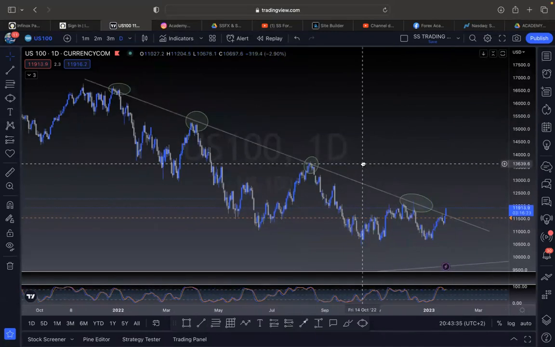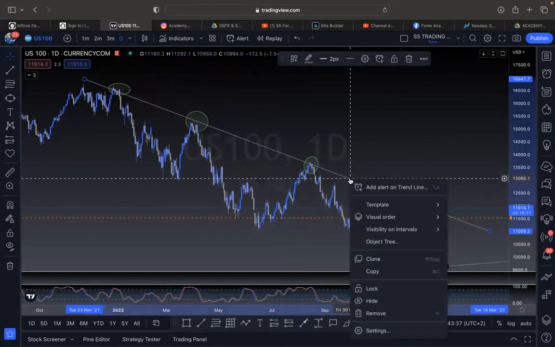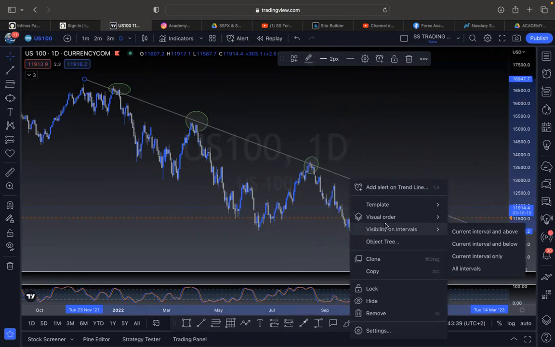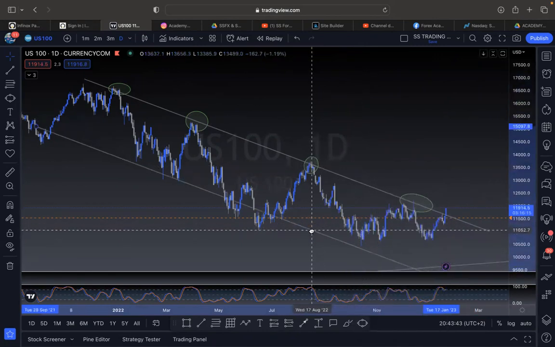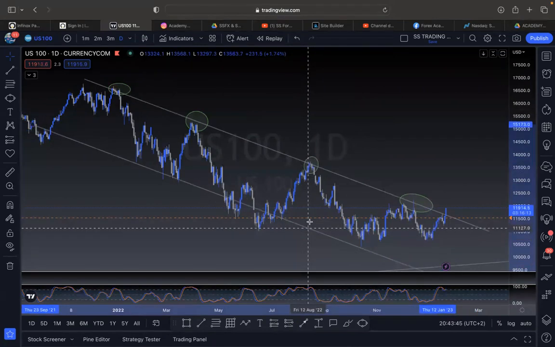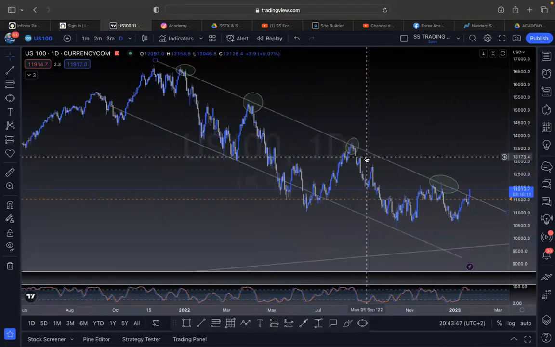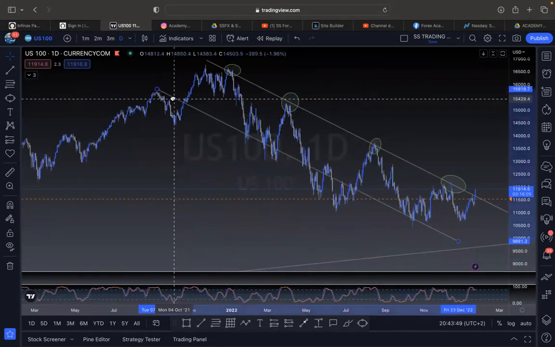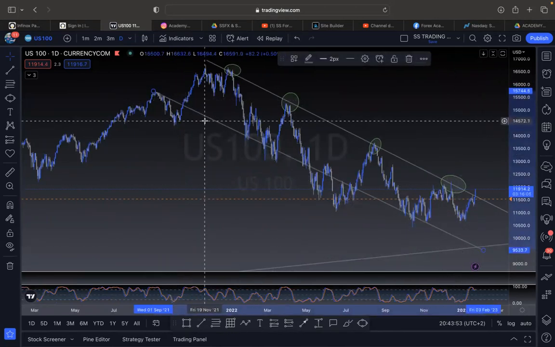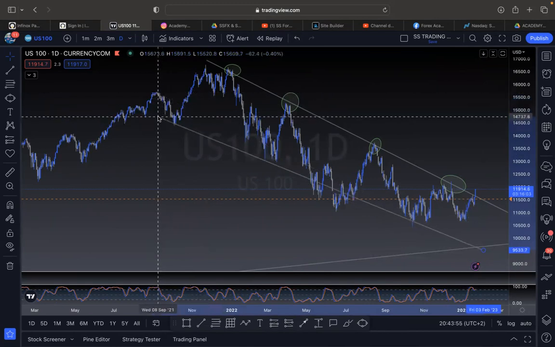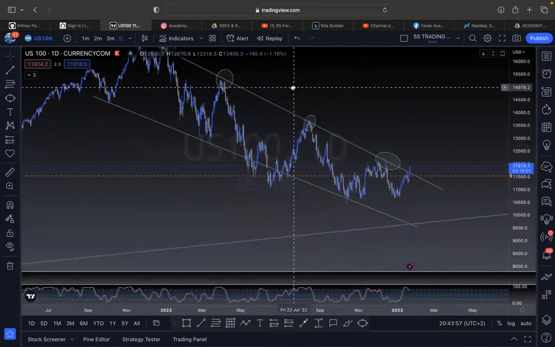Let's just pull this across. So I'm going to clone this line because you can all see this descending channel there, right? So that's the descending channel. Oh, it's actually right there. Yeah.